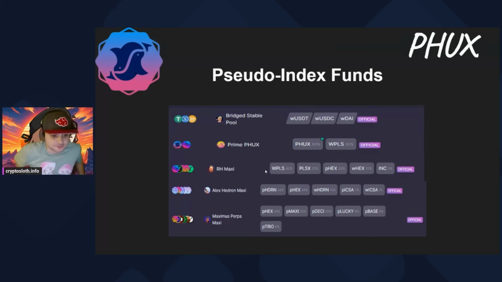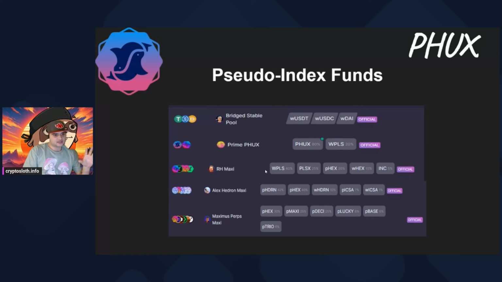Now, one thing I really like about Balancer forks is that it gives tokens like Hedron and the Maximus Perps a really big advantage, because there are multiple tokens in these ecosystems, and I think the Maximus DAO Perps really shine with this group of tokens.